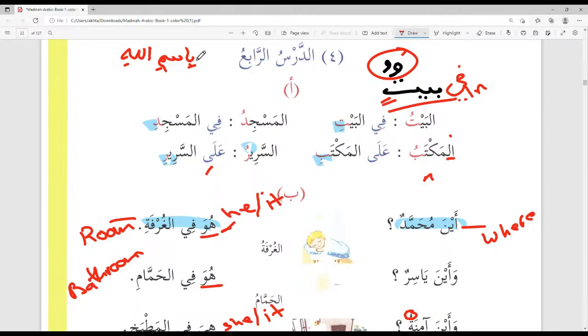What I would like everyone to do as part of their homework, if they're part of the chat on Telegram, is to find an ayah, or generally when you're reading the Quran next, look out for these words fi and ala, and you'll notice that the word after them takes a kasra.